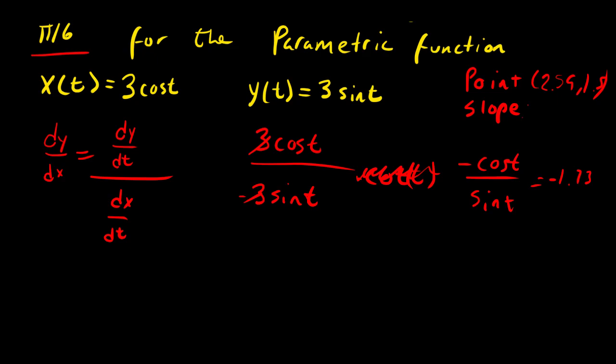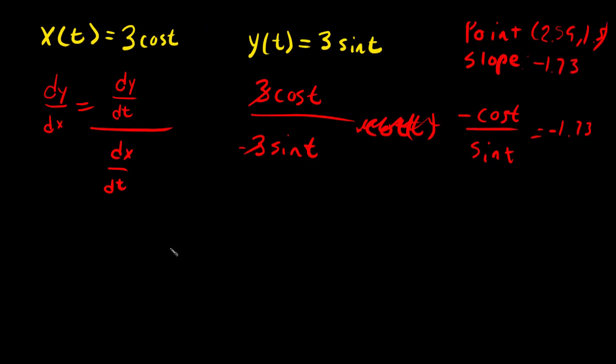Okay, so now we have a slope and a point. So all we have to do is just use point slope form and plug in our values.